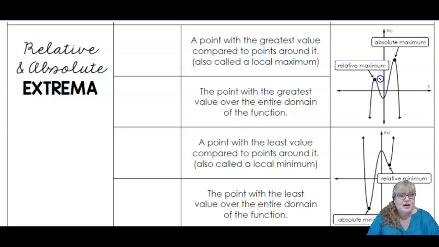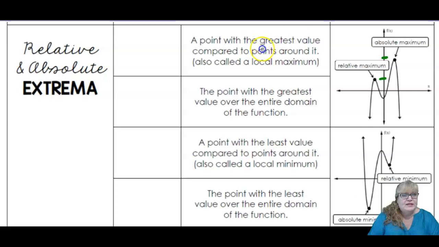It got only so high here, but then eventually it got higher over here before continuing to only go down. So this is a relative maximum. It only is a maximum within this area. The absolute maximum is the absolute highest y value the graph ever hits. And a lot of graphs don't have absolute maxes and mins, but this one is all going down, so it does have an absolute max, the highest it ever gets somewhere.